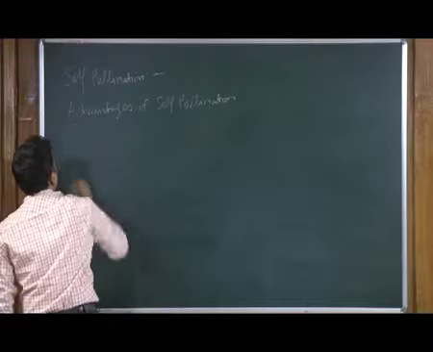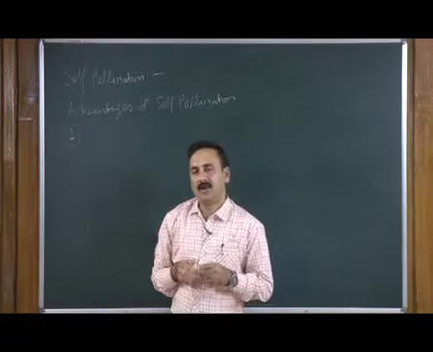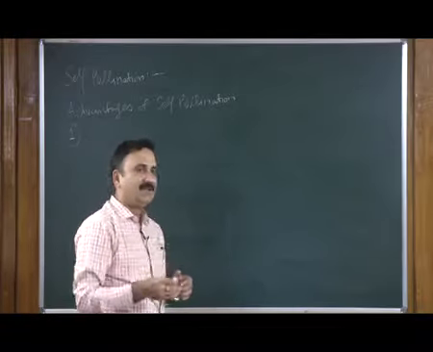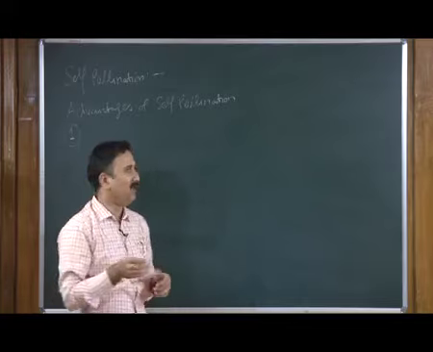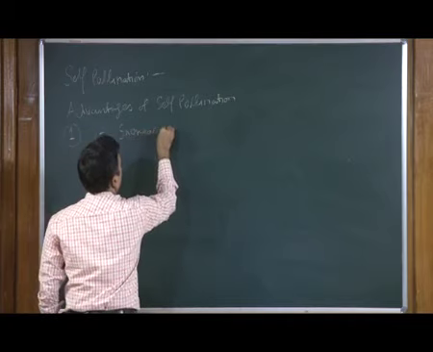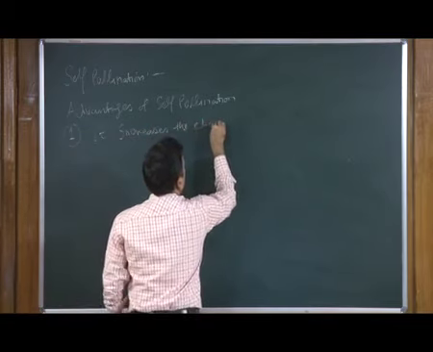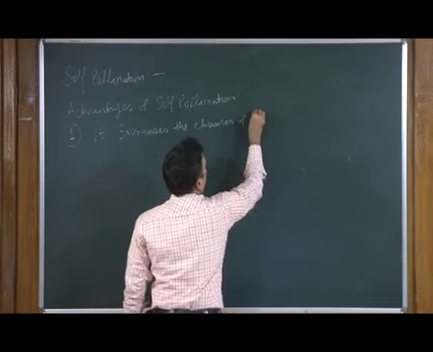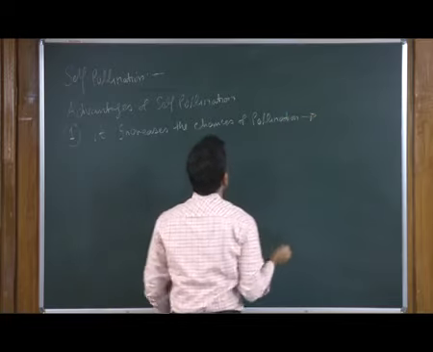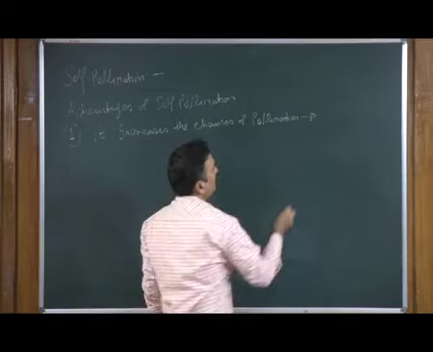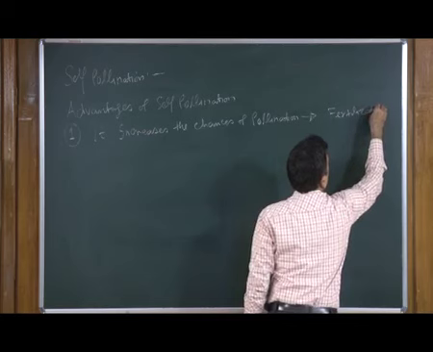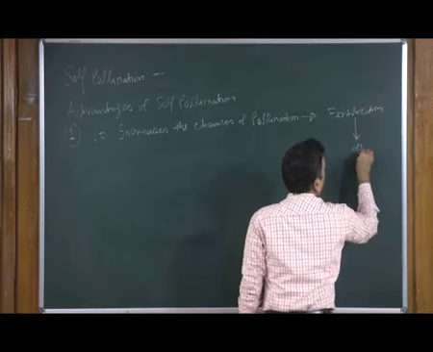Number one and the most important advantage of going for self pollination is that it increases the chances of pollination. And you know that if there are more chances of pollination, there are more chances of fertilization. This means there are more chances of having offsprings.